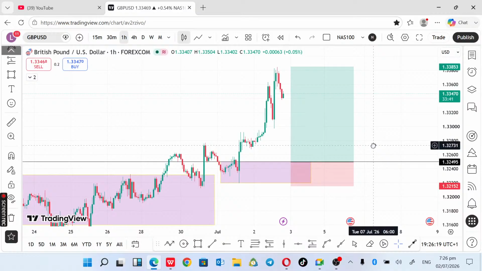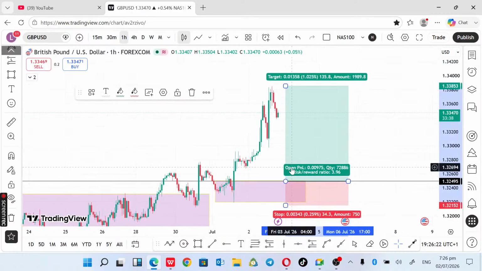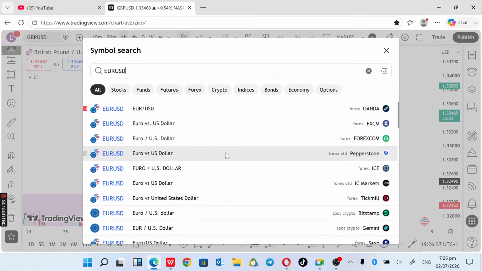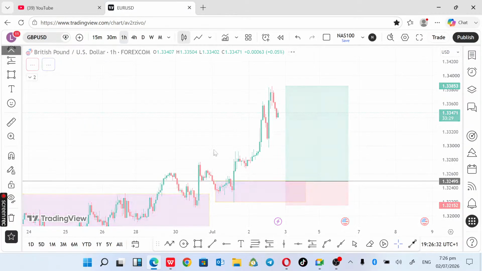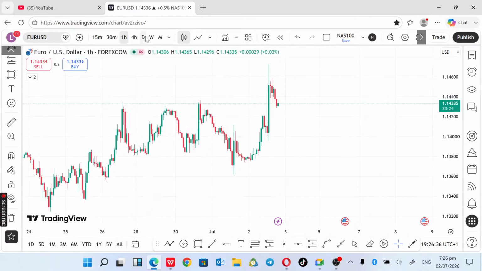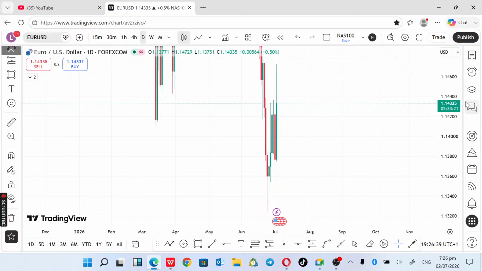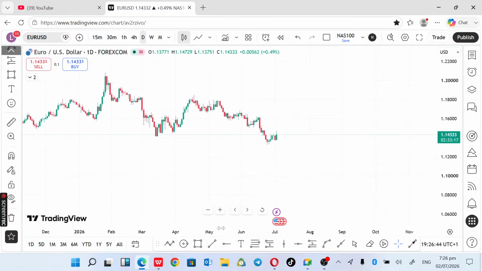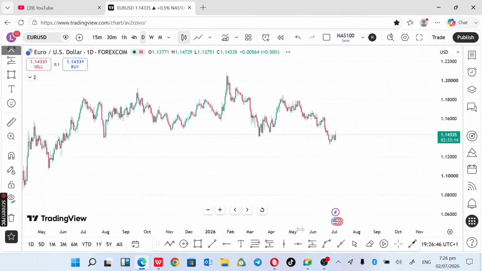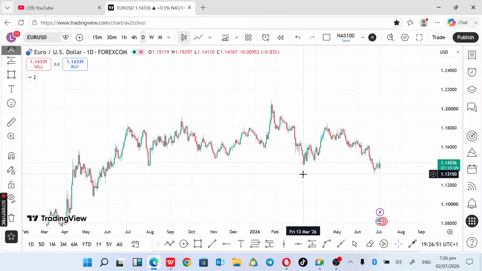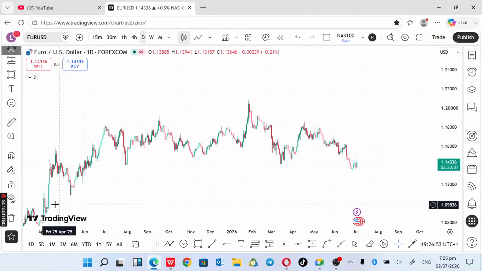Now let's also check Euro USD. So we start from the daily also. So this is Euro USD on the daily. We are seeing a change here in the structure.